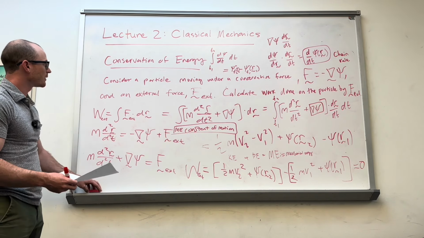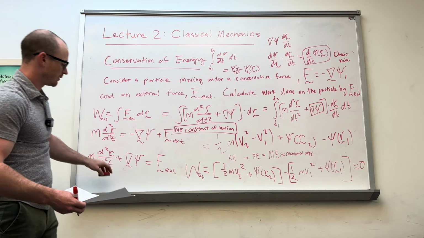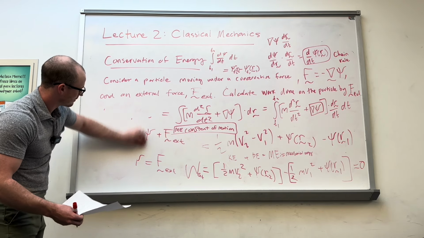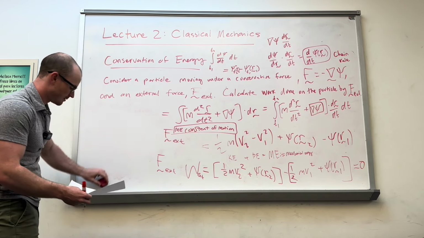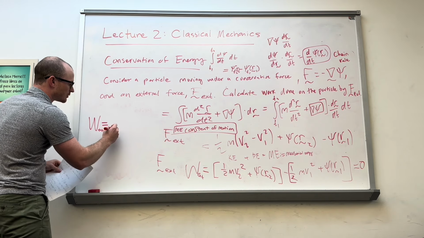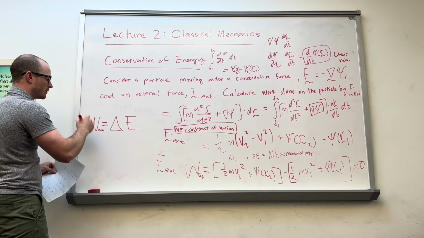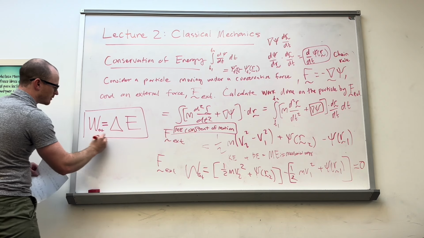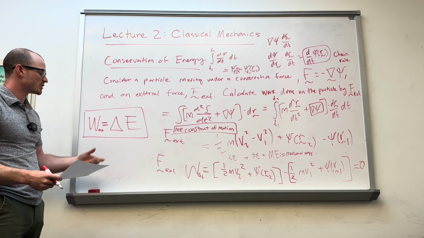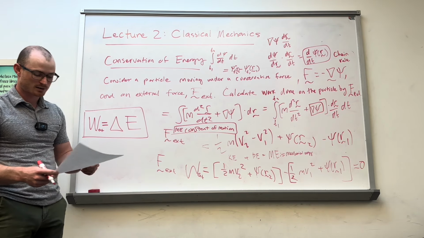And generally, we're going to write that this work, external, is equal to the change in the mechanical energy, and we're going to call that E. When this is 0, the change in energy is 0, and we have that the energy is a constant of motion.